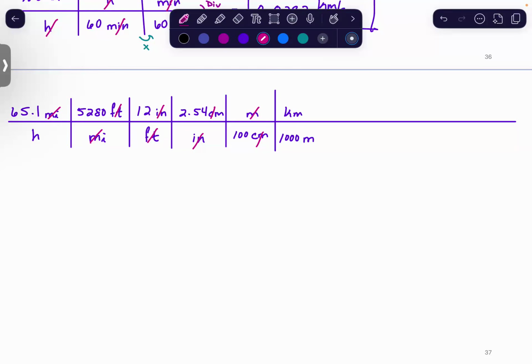So now I've taken miles to kilometers, which is what I needed to do. So I can stop there with the distance. But then I'm just going to add that 1 hour is 60 minutes. So hour divides out with hour. Let's see, 60.